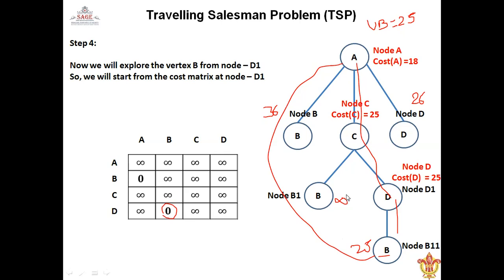So now, which node will we have to explore? The upper bound is right now 25, and each of these has a value greater than 25: 26, 36, and infinity is definitely greater than 25. So we are not going to expand this one, this one, or this one.